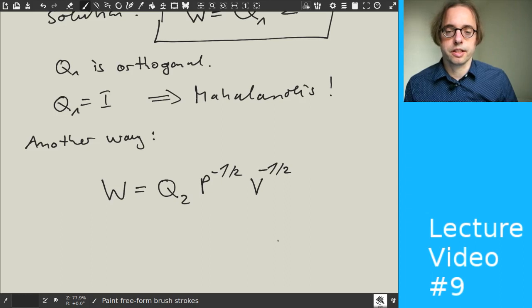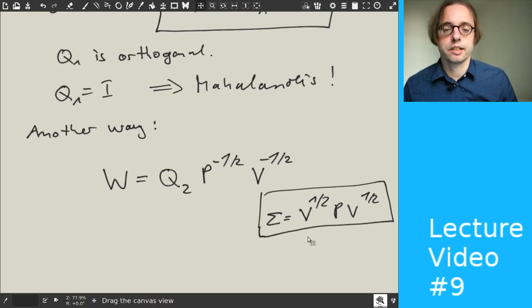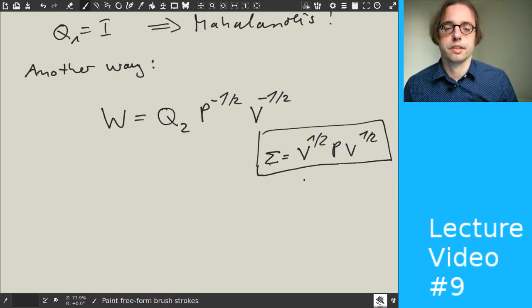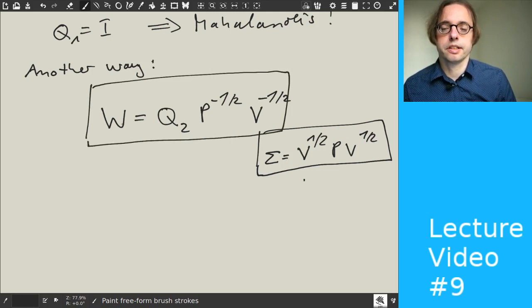Recall that sigma is written as the product of V^(1/2) rho V^(1/2). This is the variance-correlation decomposition of the covariance. With this decomposition we can write the whitening matrix as follows.